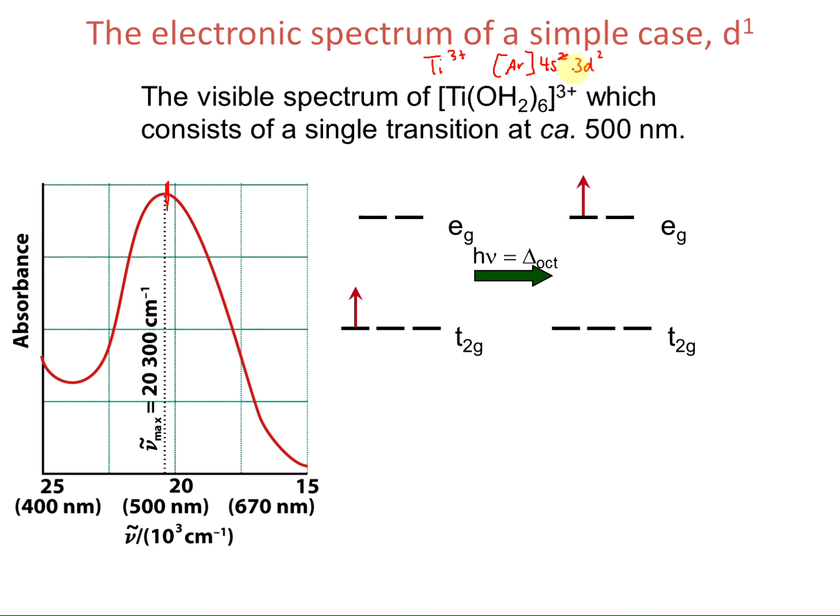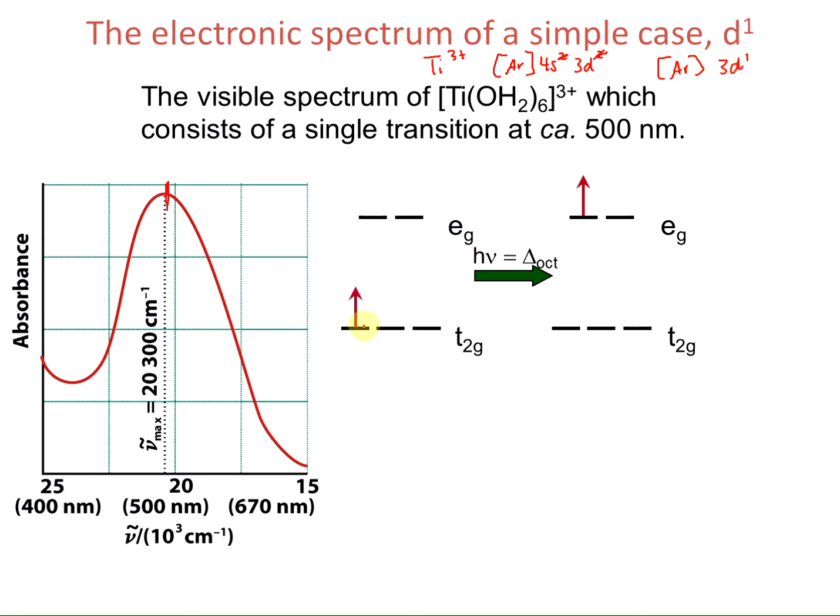So the electron configuration for the titanium ion is argon 3d1, so there's 1 electron in the d orbitals. But once we put ligands around it, those orbitals split like this.